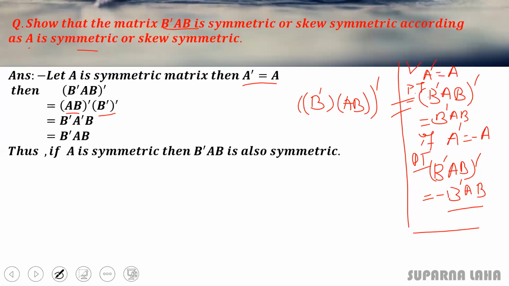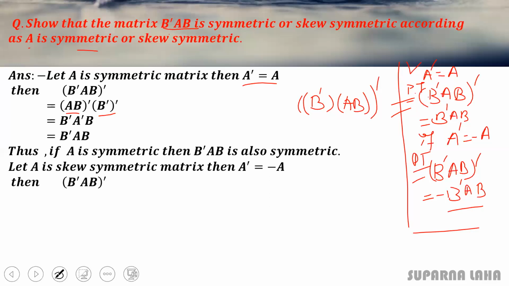Now if A is skew symmetric, that means A prime is minus of A. That time again take this one. What you have to prove? B transpose AB whole transpose is minus of B transpose AB. So again divide into two parts and then take its transpose. That means AB transpose into B transpose whole transpose. So AB transpose is B transpose into A transpose, and B transpose, its transpose, is given by only B, since it's a property of transpose.